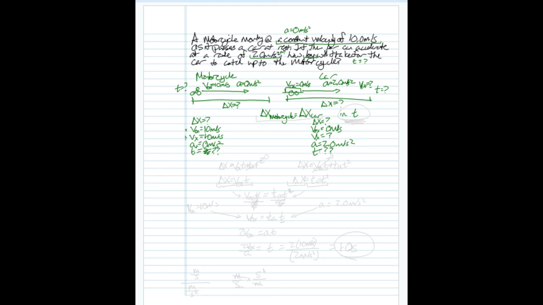So, I'm going to pick equations. I'm going to pick this equation for my motorcycle, simply because acceleration goes away. Over here, for the car, I'm going to use the same equation, but I have to be careful because there are different starting values. My velocity is 0, so that is going to go away.